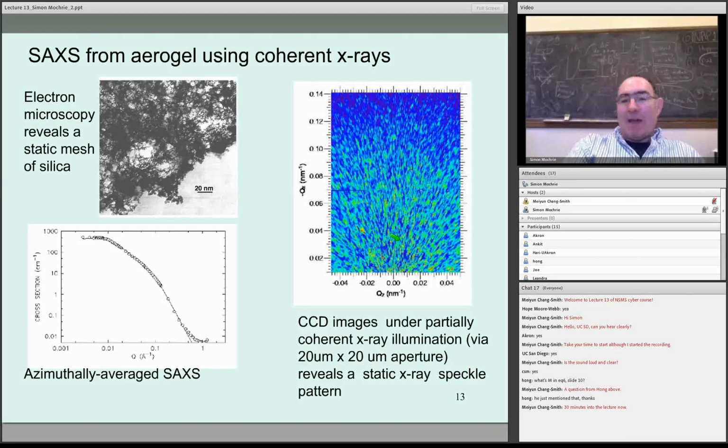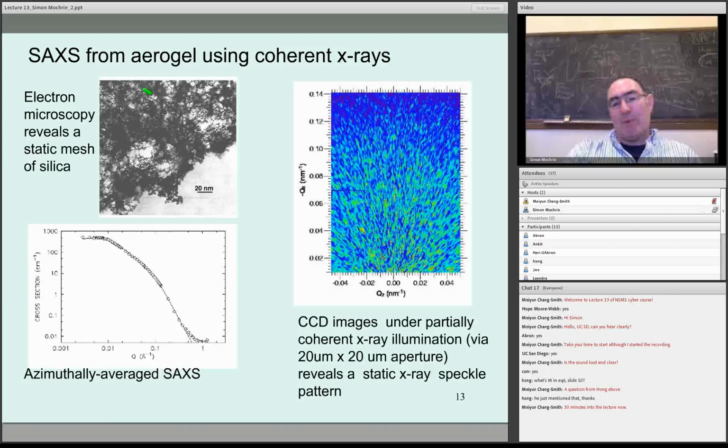What this pattern originates from is the fact that we're scattering coherently from some disordered object like this over here. And so the intensity at any particular spot depends on exactly how the scatterers in the sample are arranged and whether or not at a particular scattering wave vector those objects scatter in phase or out of phase.